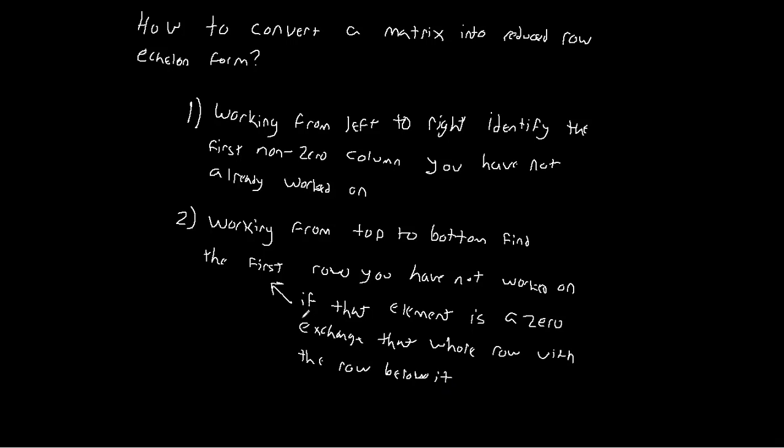This is one of those elementary row operations. We can exchange the position of two rows. So if you find the first row that you haven't worked on, if that element is 0, you exchange it.